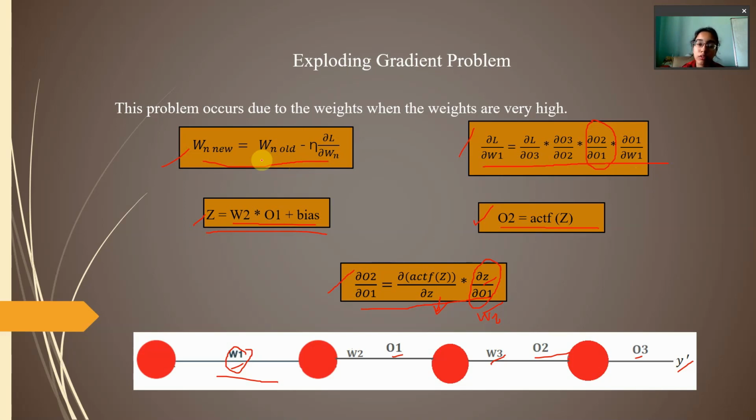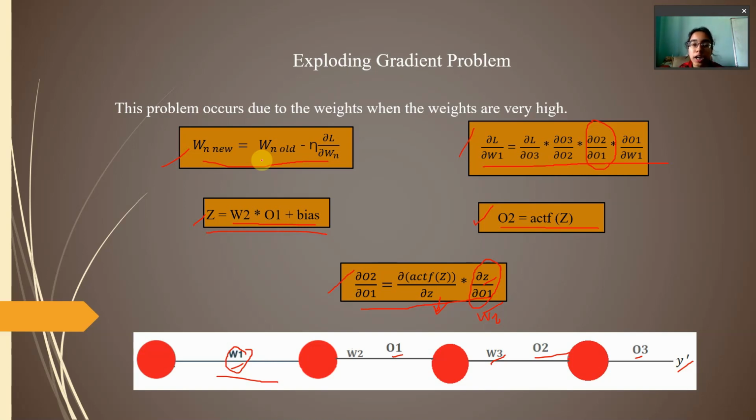So the new updated weight will be a negative number, and in that case it will vary a lot from the initial old weight. Let us consider that the old weight is 500, and the updated weight after performing the necessary calculations is minus 600. Then there is a huge difference between the old weight and the new weight, right?